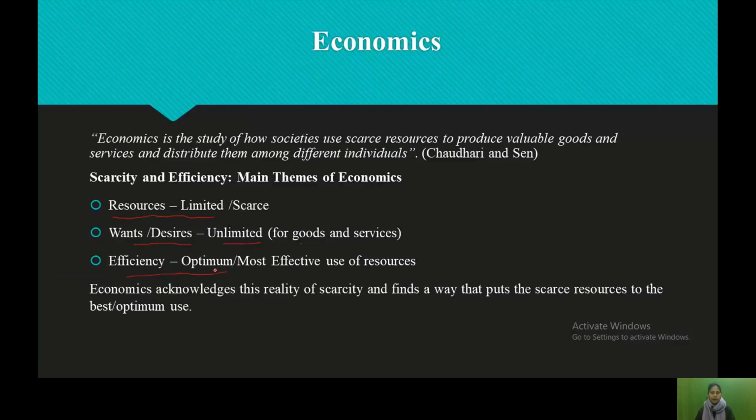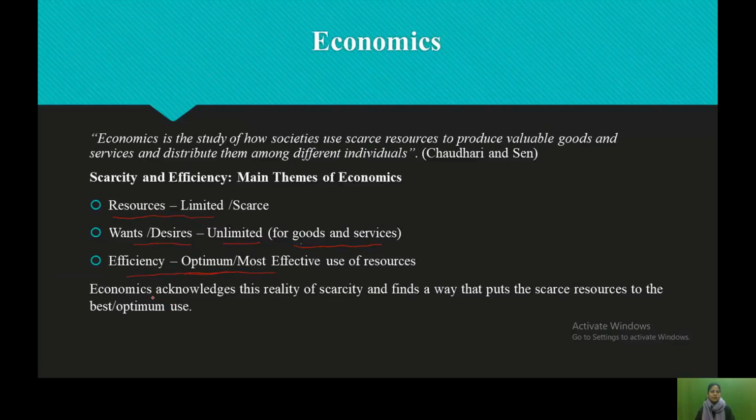Means there has to be some order, or there has to be something that makes it possible for the society to use these limited and scarce resources in the optimum manner so as to produce as much goods and services as possible.